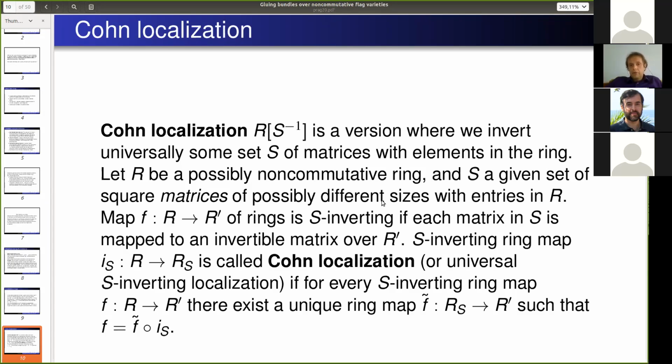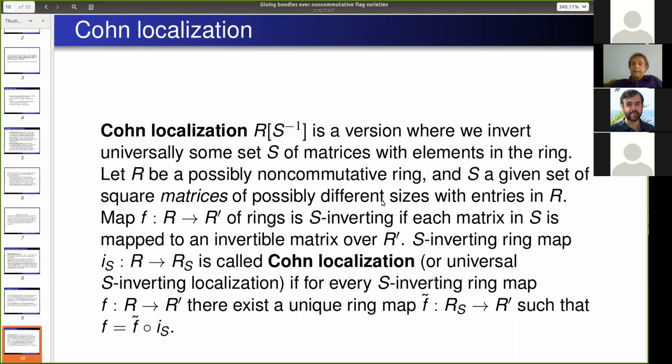So eventually one wants to make sense of spaces where one uses Cohn localization in a sense where this lack of flatness is compensated somehow, and that needs higher category theory, because for descent, that means for gluing parts of the space into a big space, you usually need flatness.